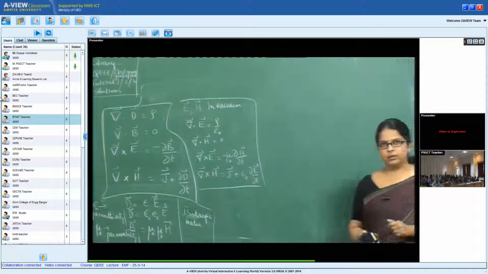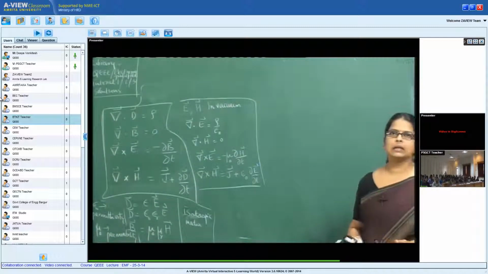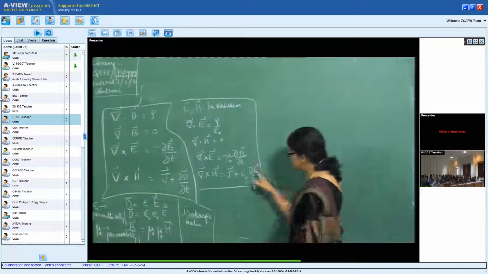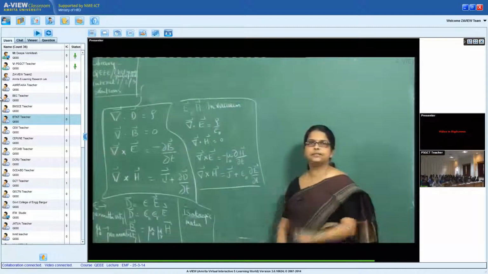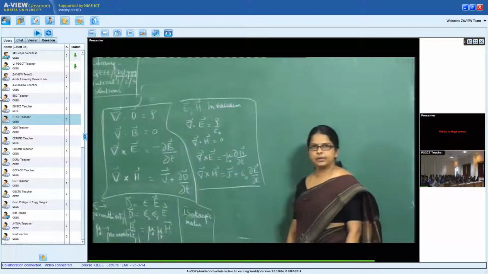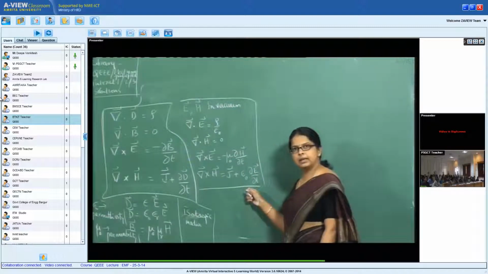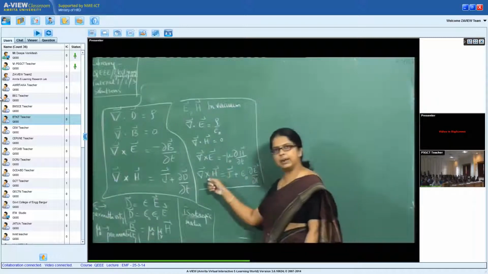So in vacuum, suppose by some means I have set up an electric field changing with time. Now if I have an electric field changing with time, it simply means that I can create a magnetic field.